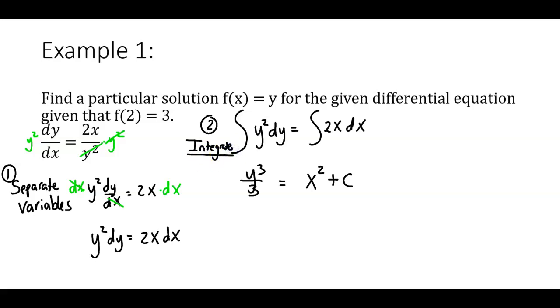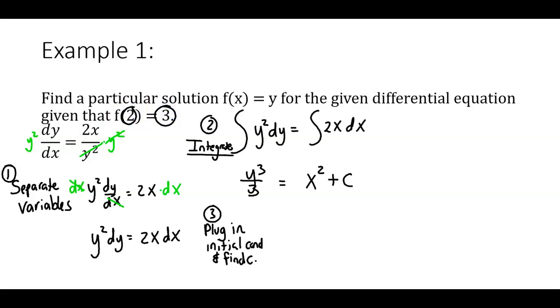Okay. Now, at this point, this is where we're going to do something that we didn't do yesterday. We're going to find the c by plugging in our initial condition. Okay, so my initial condition here is this is my x value and this is my y value.